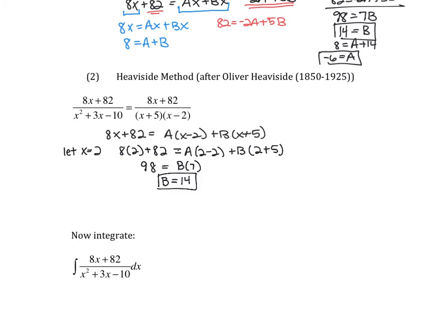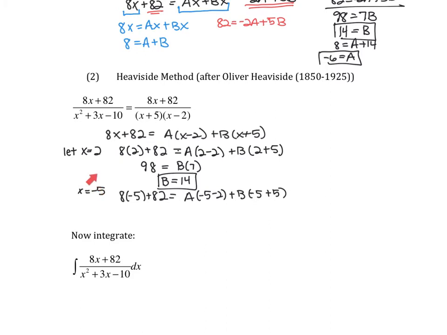So the other x value that I would choose in this example is I would let x equal negative 5. I would choose x to equal negative 5 because negative 5, when I substitute it into this equation, eliminates my b. So we're basically trying to get rid of a and we're trying to get rid of b in both situations. So we choose our x values.